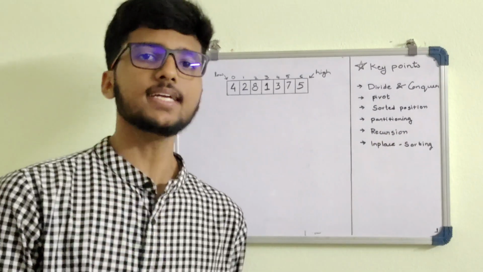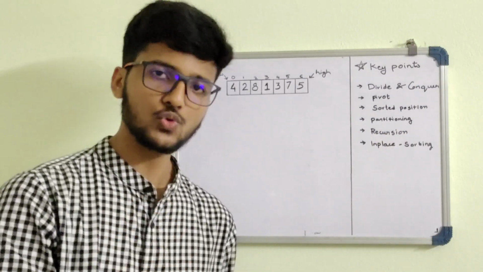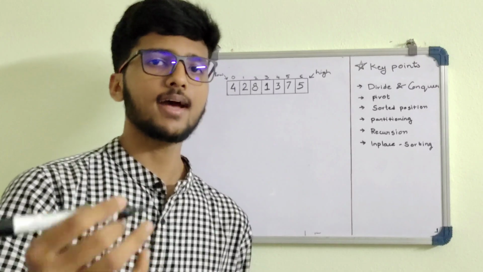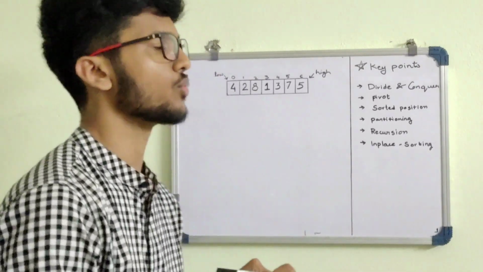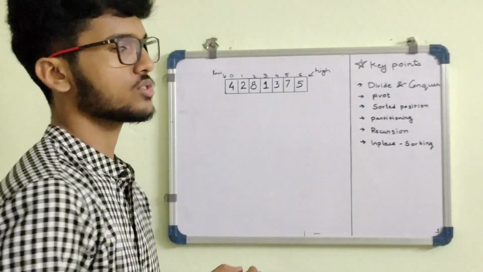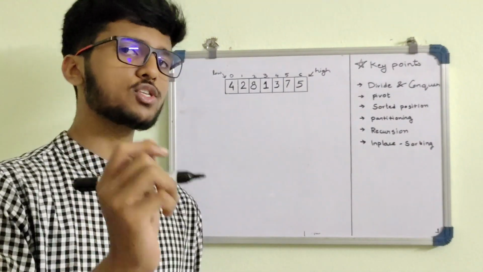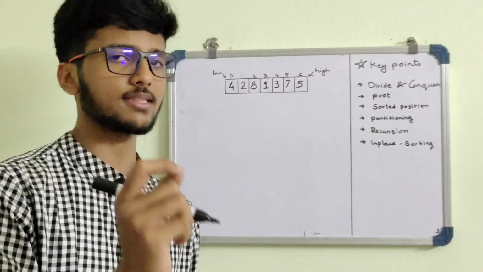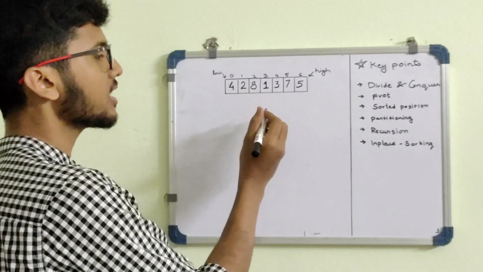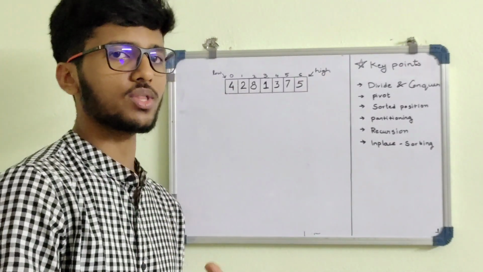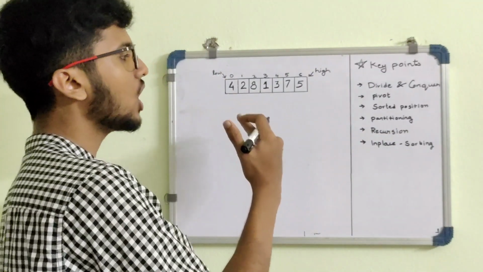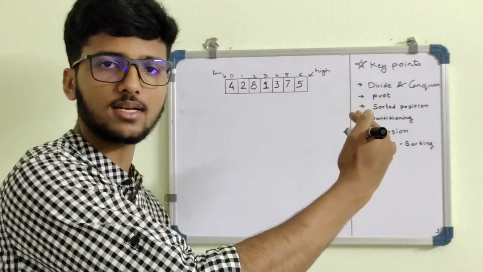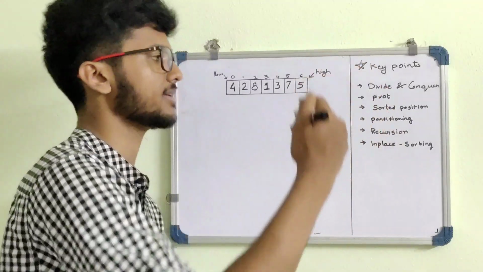The main idea behind the quicksort algorithm is to select an element and put that element in its sorted position. So what is a sorted position? The sorted position of an element is the position where all the elements on the left side of that element are smaller than it and all the elements on the right side are greater than it.